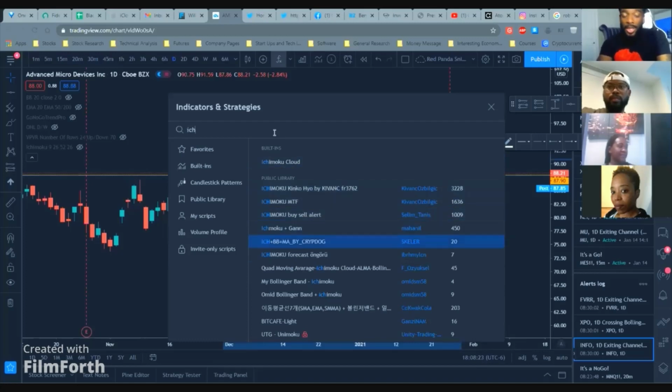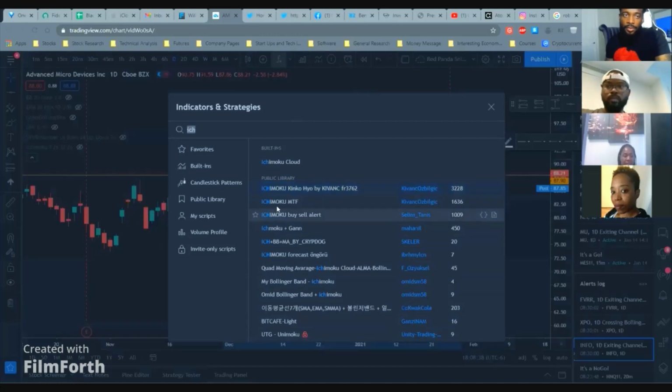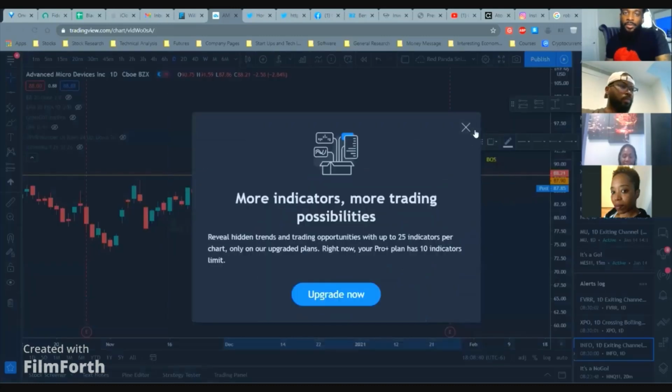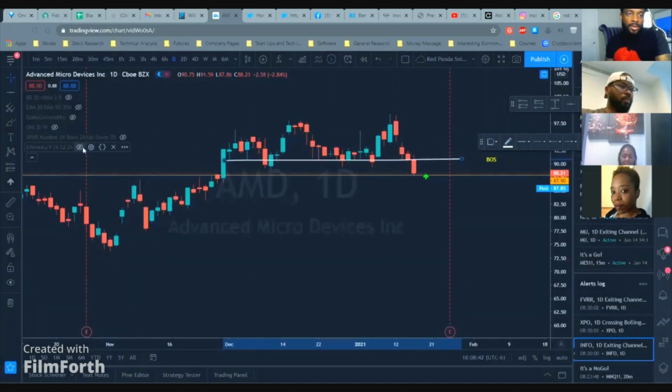And people will be making their own versions of them too, so you can check them out. Typically if you see a popular one, that means it's probably pretty nice to look at. You just click on it and then you'll see a number of indicators, but that's just a different one.